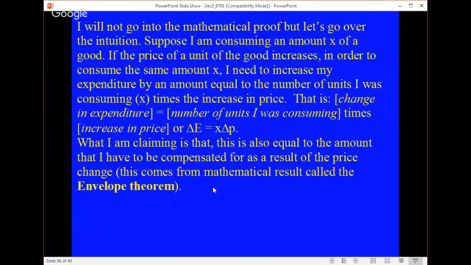And the mathematical result comes from something called the envelope theorem. But logically, I think it makes sense, and of course, if I do it with just my budget constraint, that's what I get. It's how much do I need to be compensated when the price changes to remain on the same utility level.